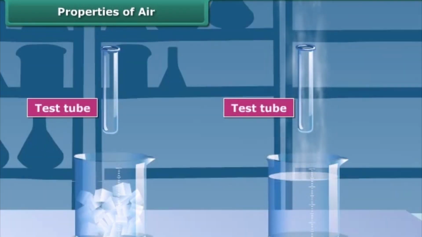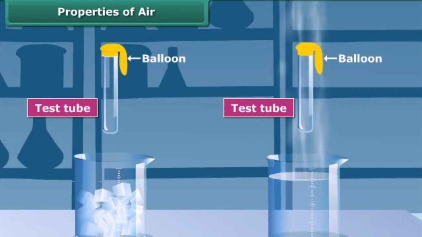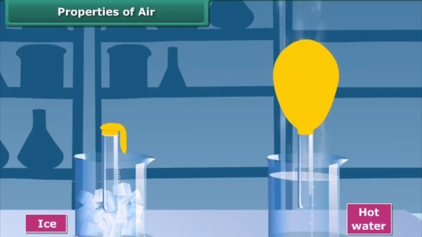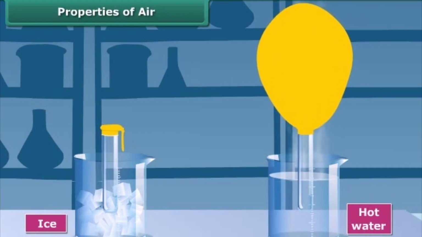Now take two empty test tubes and place a balloon over the mouth of each. Put one test tube in a pan of hot water and the other in a pan with ice. Observe carefully. The balloon on the test tube in hot water begins to inflate.